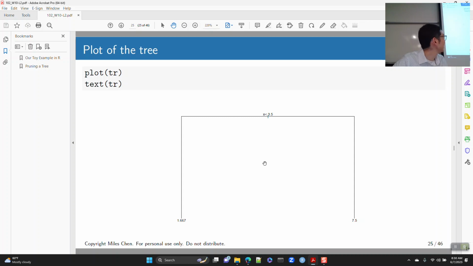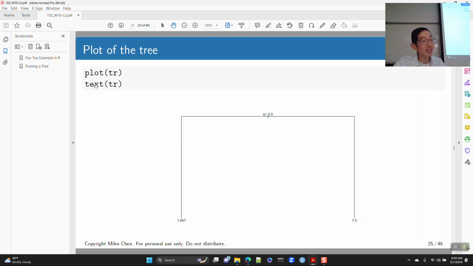This is stupid, but there's a plot function for the tree. This is the dumbest little tree with just one split. On the left, your prediction value is 1.667, and on the right, your predicted value is 7.5.